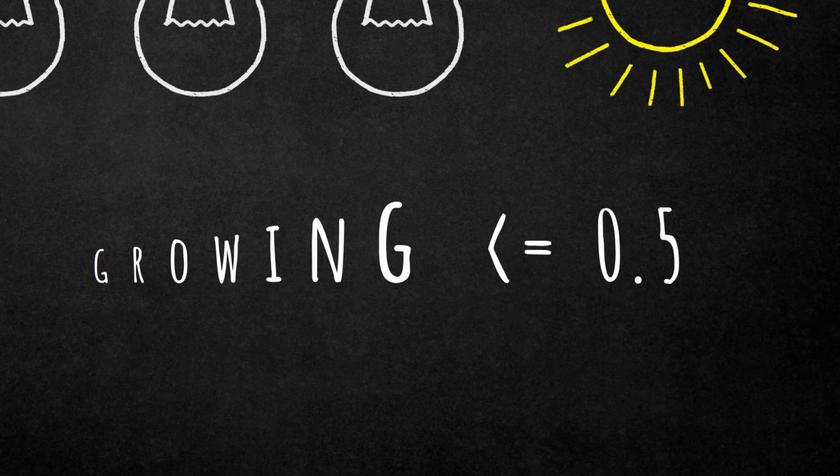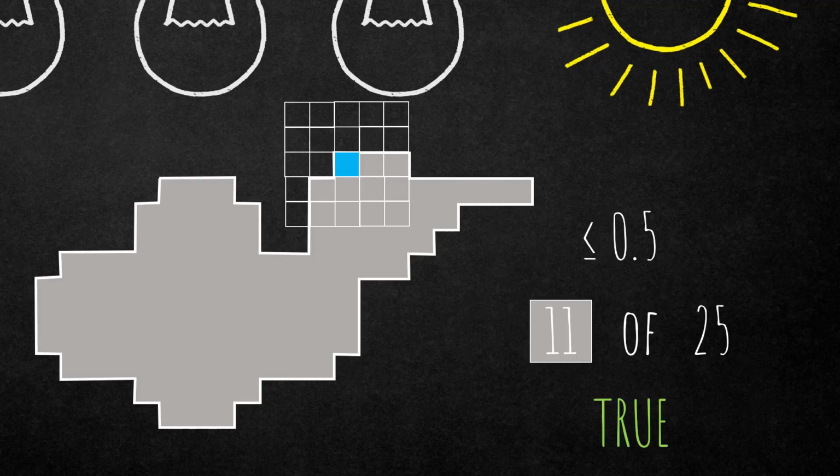So if you choose growing and set the surface tension to smaller or equal than 0.5, and a box size of 5, so we have 25 pixels. What you see here in gray is an object classification, and we have this box in blue highlighting the active pixel.